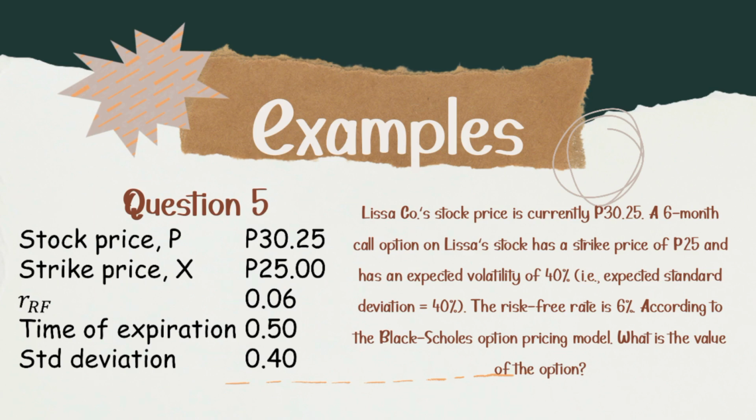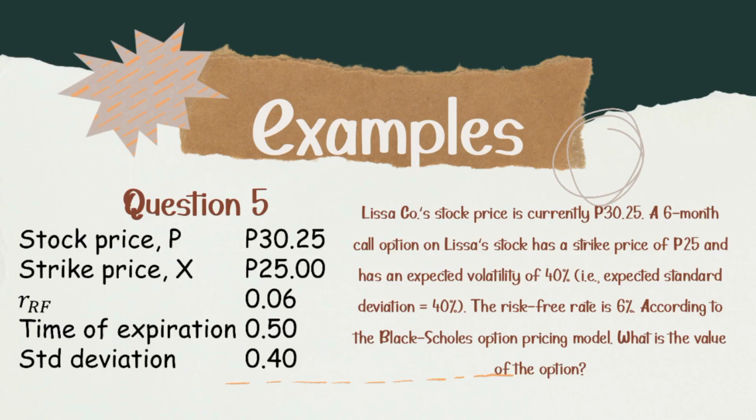And then for the last question, we have Lisa Company's stock price, currently 30.25 pesos. A 6-month call option on Lisa stock has a strike price of 25 pesos and has an expected volatility of 40%. The risk-free rate is 6%. According to the Black-Scholes option pricing model, what is the value of the option?